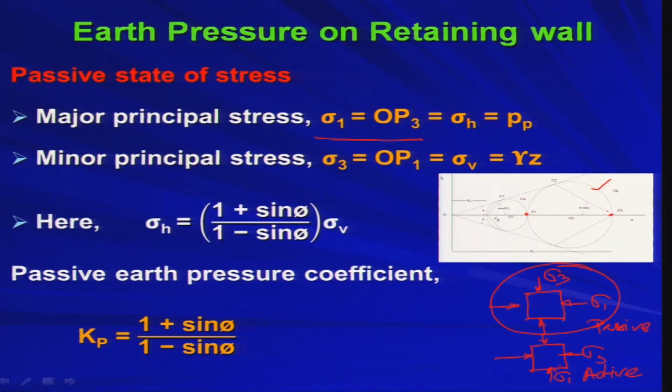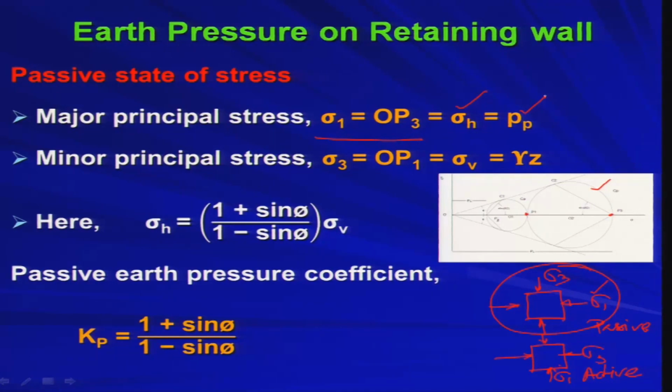So, OP3 is the major principal stress, that is nothing but sigma h, acting in the horizontal direction as we have seen here, and it is nothing but the passive pressure PP. Lateral pressure is nothing but your earth pressure. So, sigma h is nothing but your passive pressure.